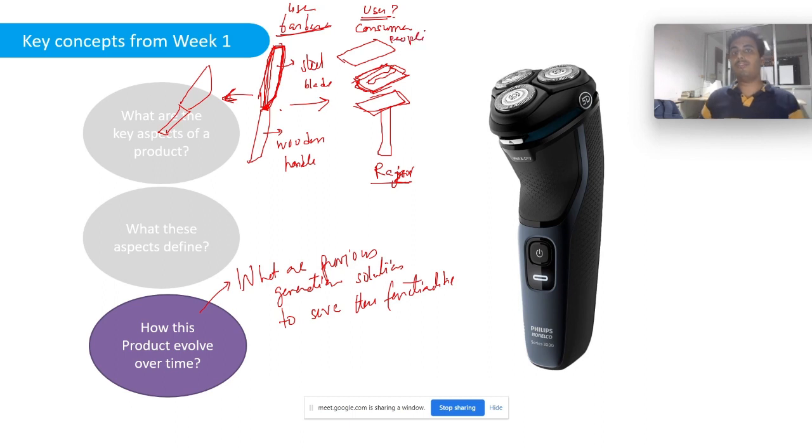It's not for commercial use initially, and it was used by people and sold as a consumer good.